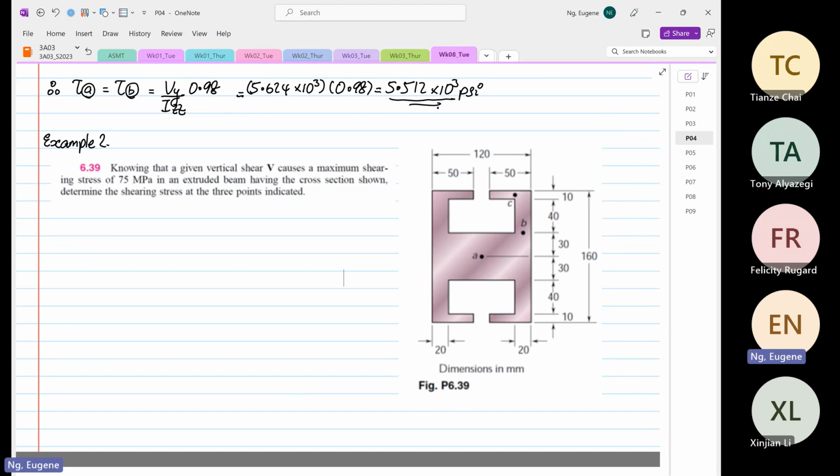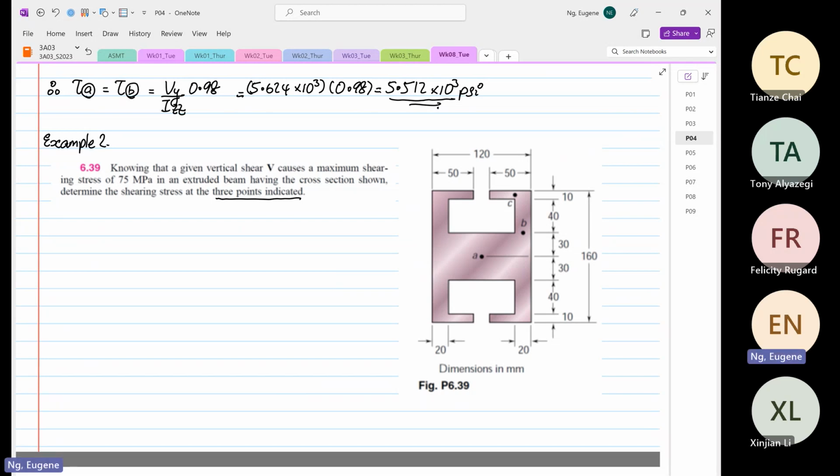So knowing that a given vertical shear causes a maximum shear stress of 75 megapascal in an extruded beam shown, having the cross section shown, determine the shearing stress at the 3 points. Okay, so point C, point B, point A. It specifies very specifically the 3 points indicated. So we're not going to calculate any other points.